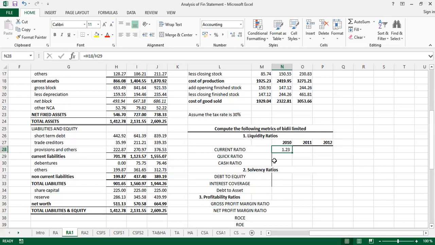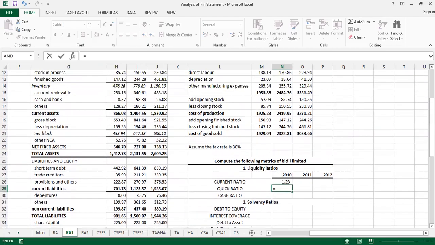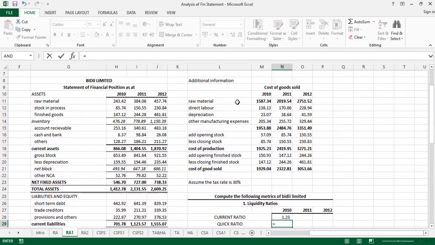So we'll go to the quick ratio, and for the quick ratio, what we do is we minus the inventory. So we'll come to current assets here. Here we start with a bracket. We'll take our current assets, then minus our inventory, isn't it?